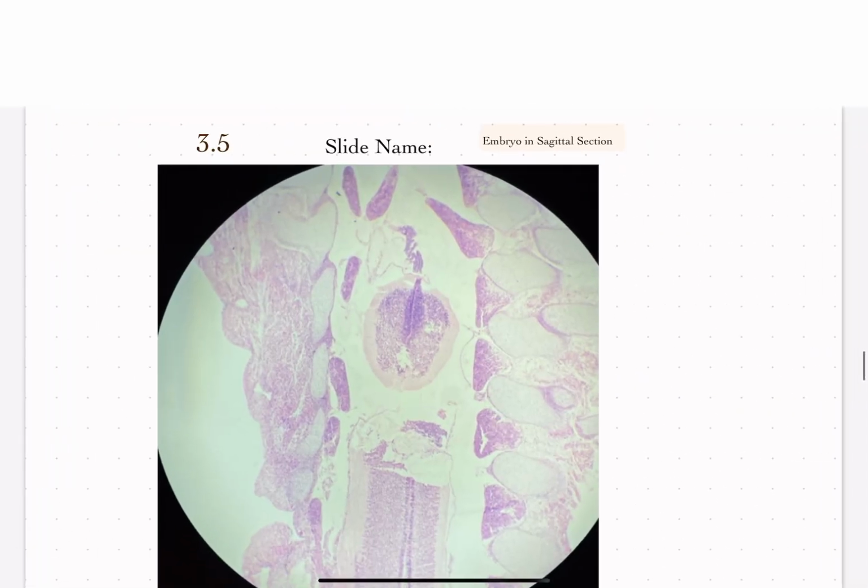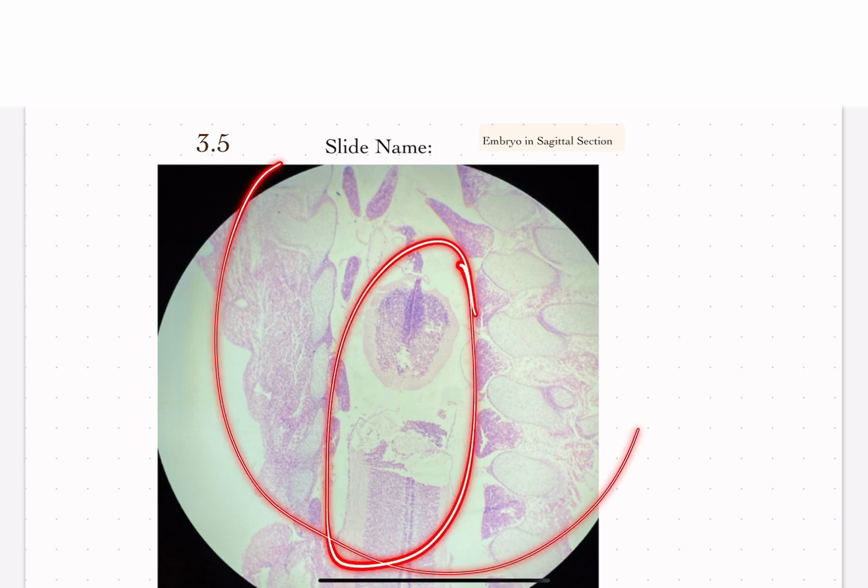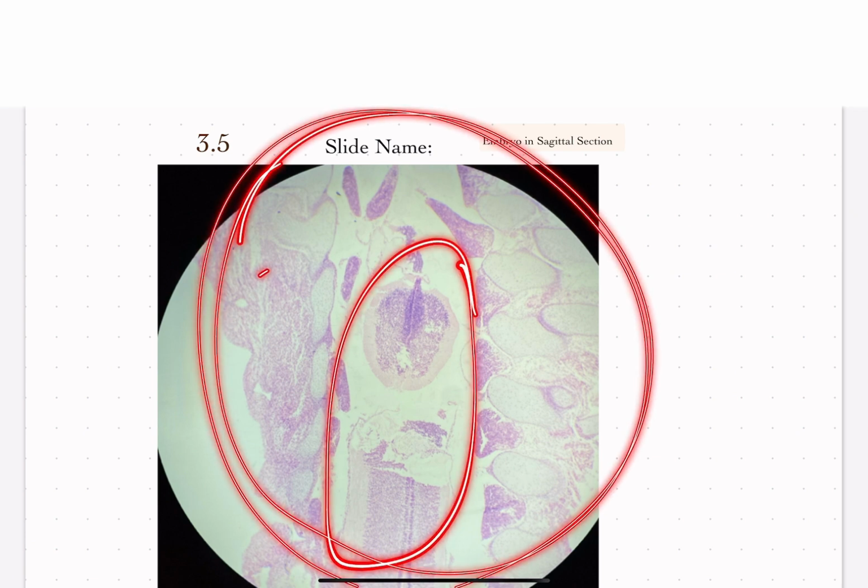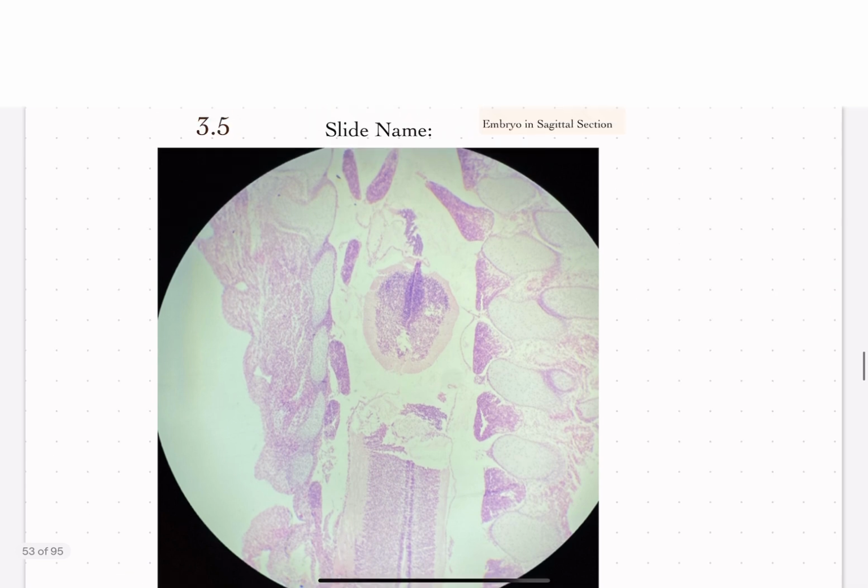Okay. Next part here, I did write down embryo and sagittal section. If I only got this in the colloquium, I think I would still write in embryo and sagittal section because I don't really know of any structure where we can only see the developing spinal cord and the developing vertebral column as well as those muscles and stuff.